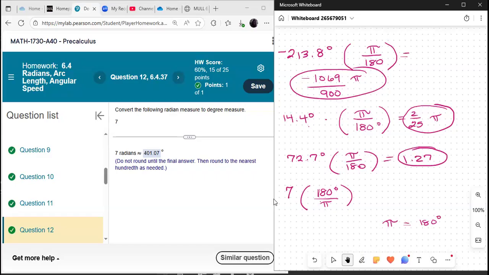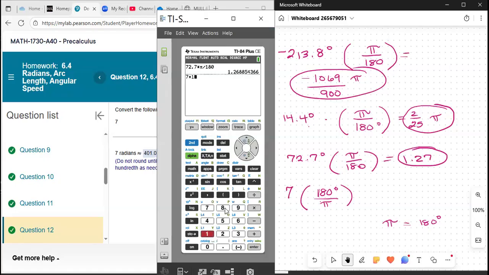So we want the final answer rounded to the nearest hundredth. 7 times 180 divided by pi is equal to 401.07 degrees.